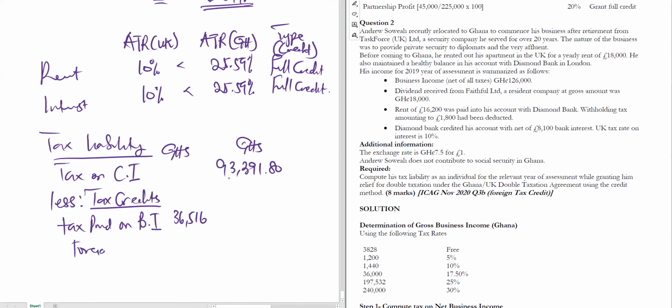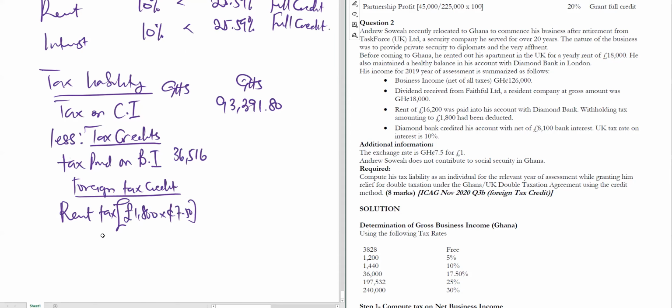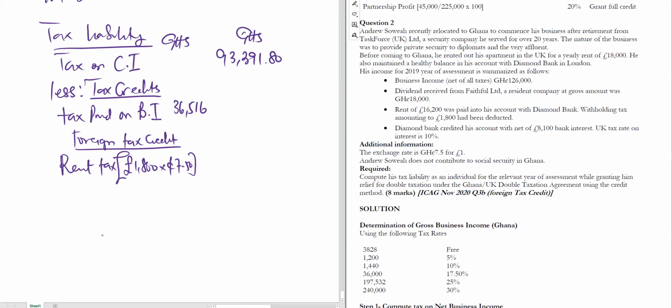And also we can less what? Foreign tax credit. Okay. So in that case, we had rent tax that was paid in the foreign country. It was 10%, right? They took tax of 1,800 pounds, and the rate was 7.5. So we can claim all. Then we have 13,500.